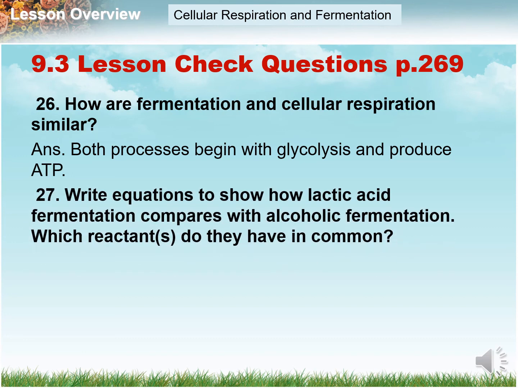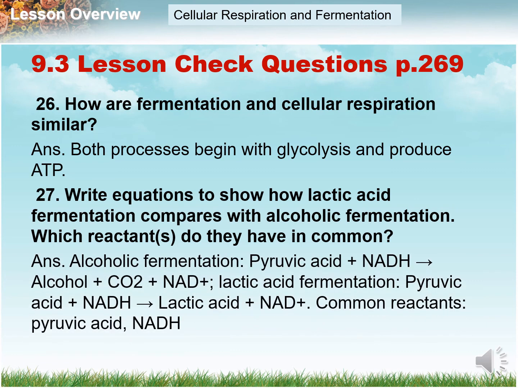Last question, number 27. Write equations to show how lactic acid fermentation compares with alcoholic fermentation, and which reactants do they have in common? So in alcoholic fermentation, pyruvic acid plus NADH will yield alcohol plus carbon dioxide plus NAD+.